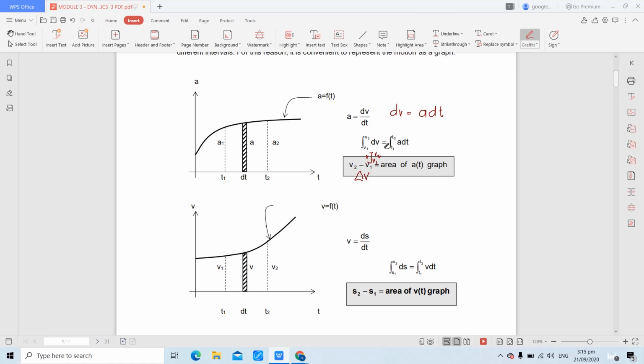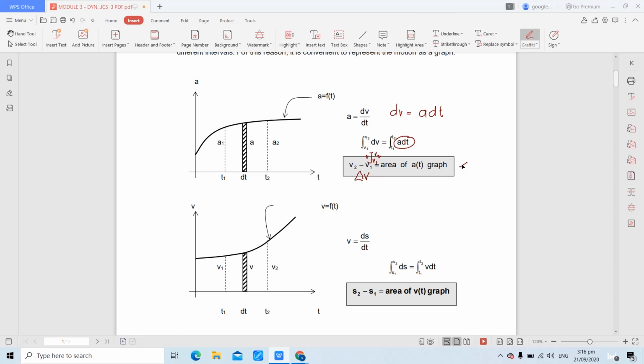Ngayon, yung nasa right side of the equation, integral of a dt from t1 to t2. Ano ba yung a multiplied by dt? a multiplied by dt, that is the area of our rectangular strip. Na kapag in-integrate natin yan, yun na yung whole representation ng area ng acceleration as a function of time natin.